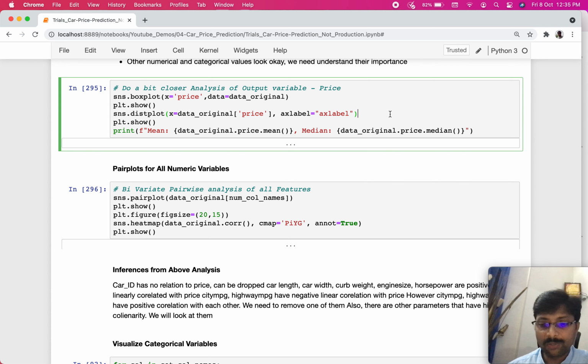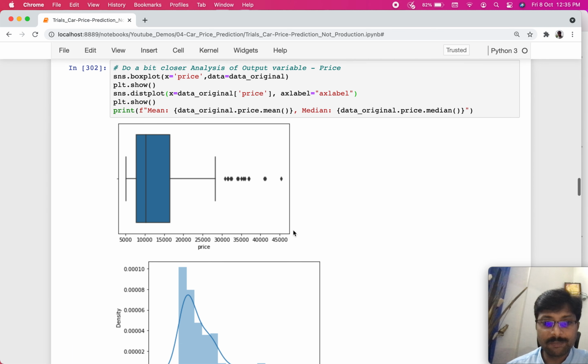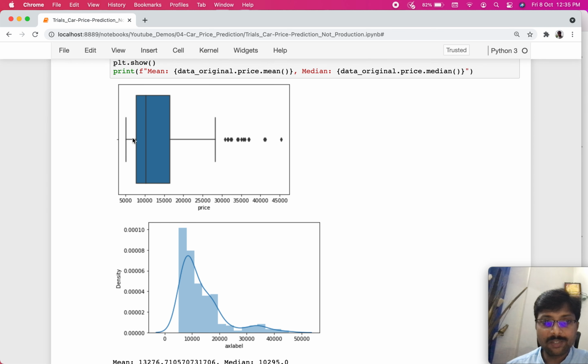Let me run this and show you what this looks like. See, box plot is a way to visualize how the data is spread for this particular variable, and the line here in the center is indicating the 50th percentile. So that means we are now seeing 50% of the values are less than 10,000, right?